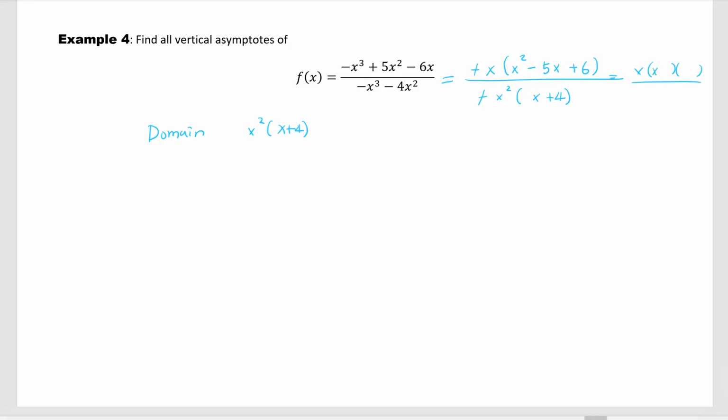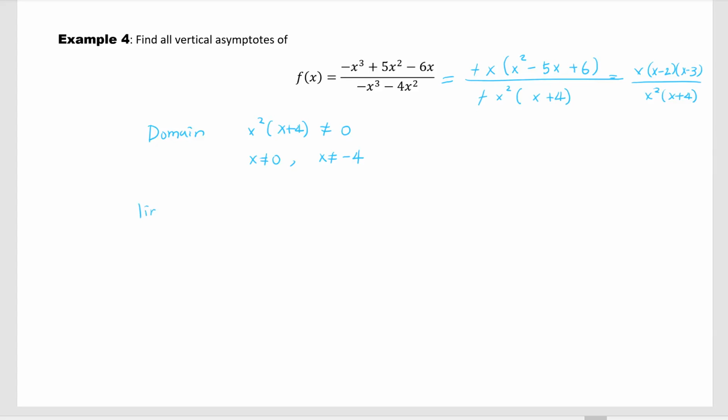Yes, that's x minus 2, x minus 3, right? And the bottom, we have x squared times x plus 4. Okay, so that is how we factor it. The domain: the denominator not equal to 0, so we get x not equal to 0 and x not equal to minus 4. So far so good, everybody.